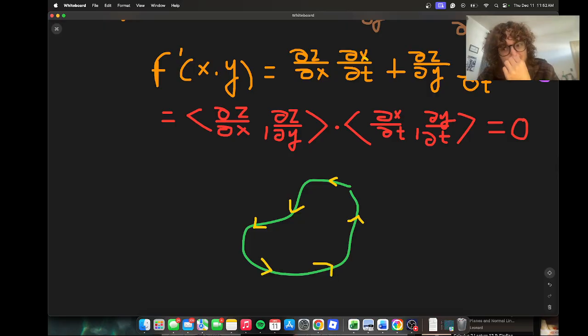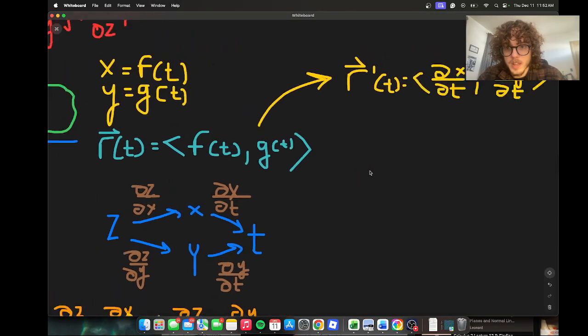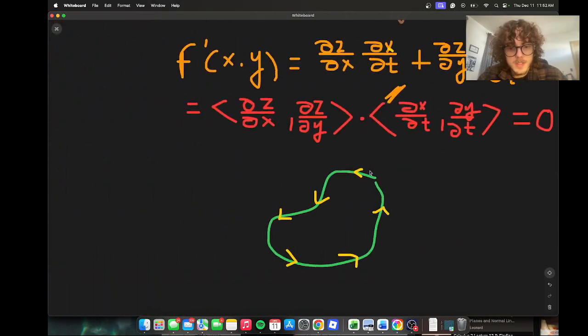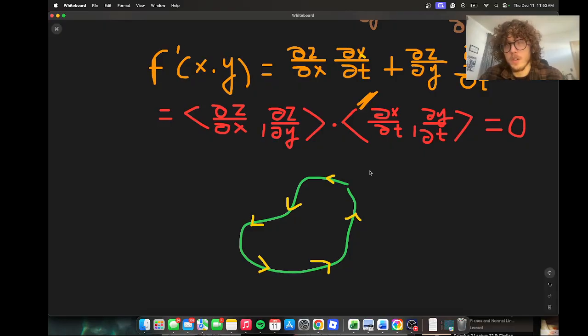Now let's call this guy the orange bit and plot what he looks like. Well, we know the derivative is the slope of a tangent line to a curve at a point. So let's just draw that. Here it would be r of t, or sorry, r prime of t.